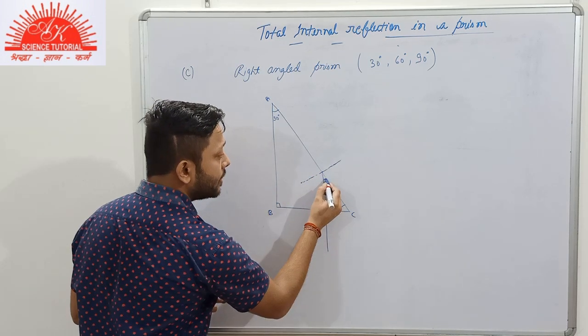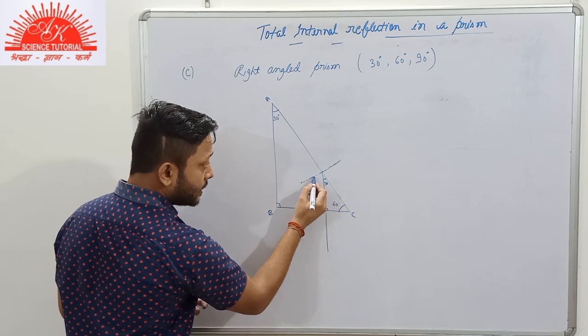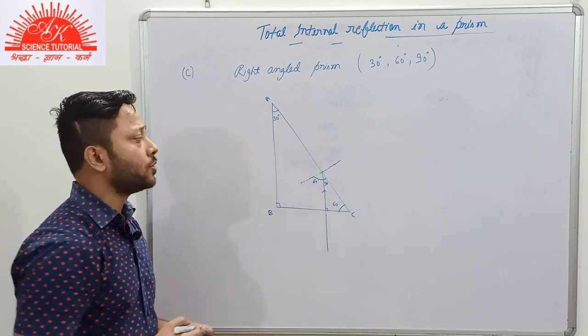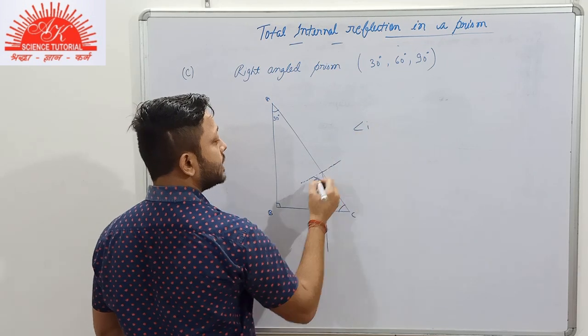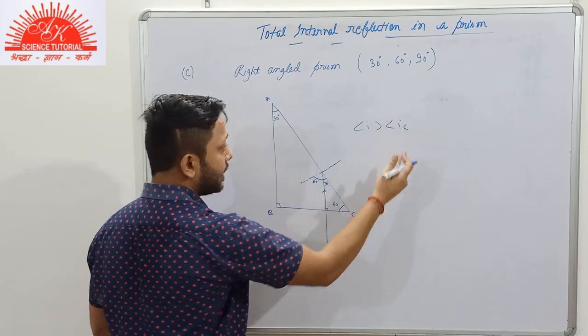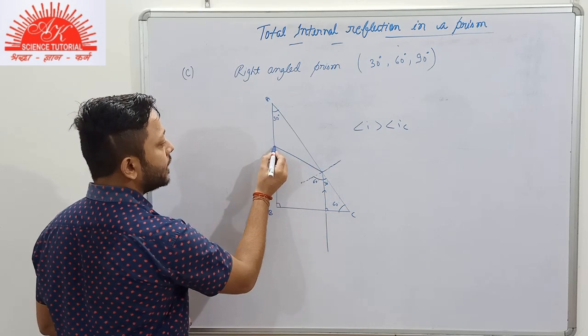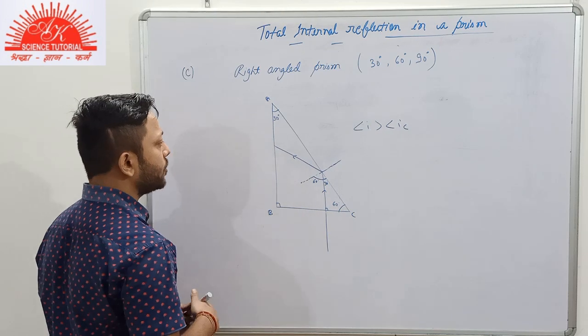So if this is 30 degrees, this is our normal, this whole angle is 90 degrees. So the rest part must be 60 degrees. As you know, this angle of incidence, 60 degrees, is again greater than the critical angle for glass, that is 42 degrees. So here also the light ray will be reflected back in the same medium, in the denser medium only.